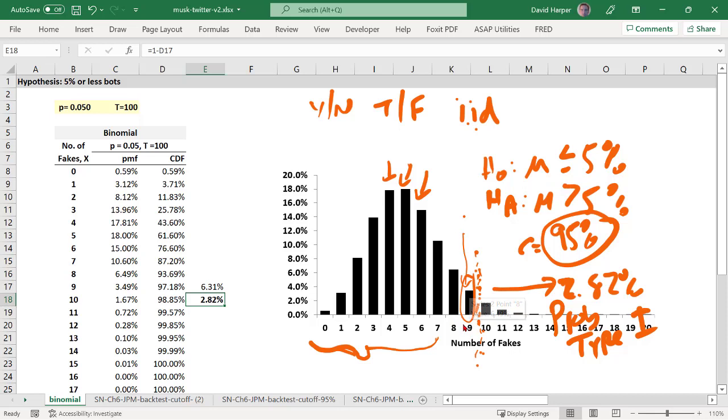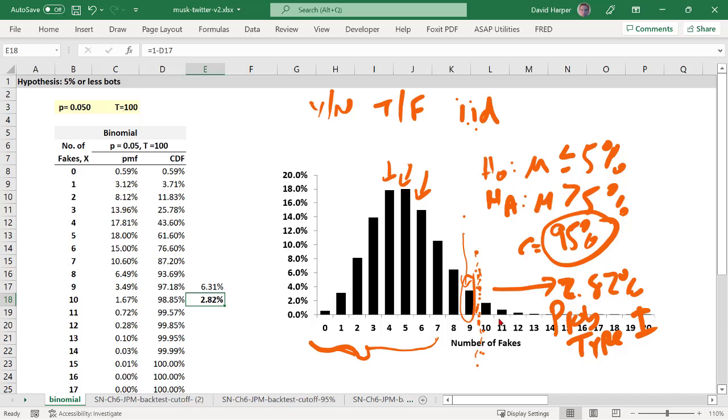He is now risking a type 2 error. The error would be he's made a decision to accept the null when in fact the null, unbeknownst to him, is false.